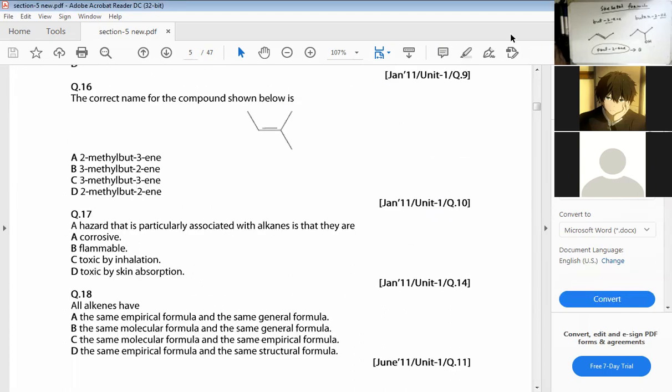Look at number 16. Can you try? Number 16, what should be the name?